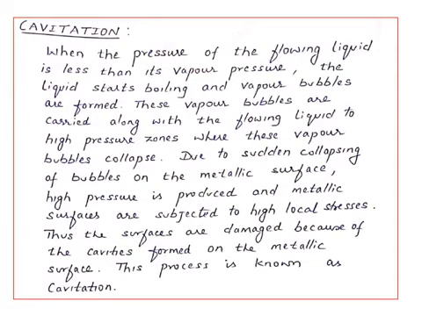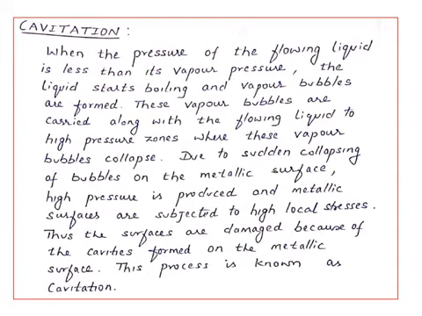These vapor bubbles are carried with the flowing liquid to the high pressure zones where they collapse. Due to the sudden collapsing of the bubbles on the metallic surfaces, high pressure is produced, and the metallic surfaces will be subjected to high local stresses. Because of this the surfaces will be damaged and cavities may be formed on the metallic surface, and this process is known as cavitation.